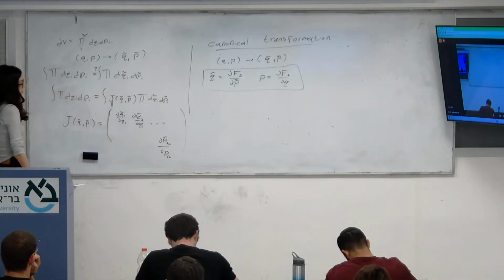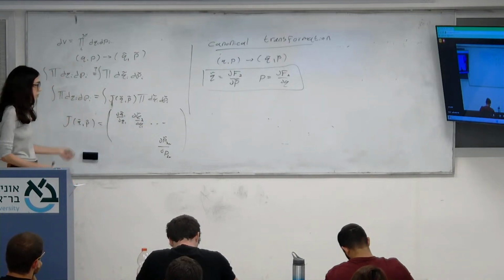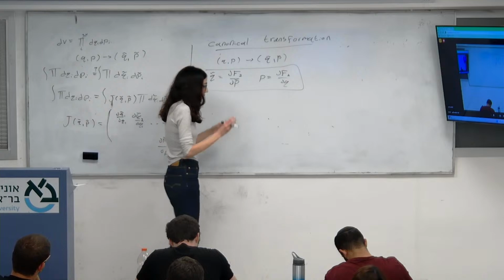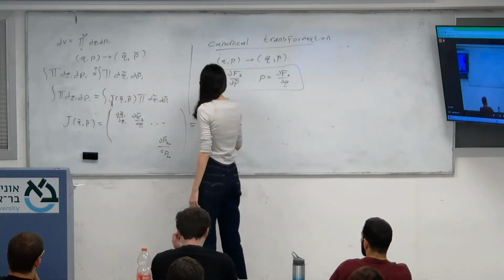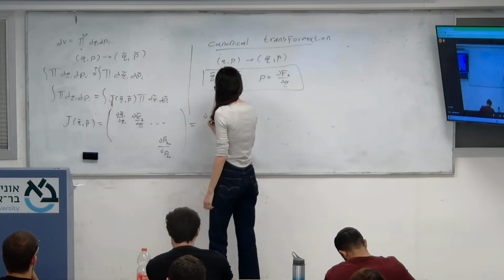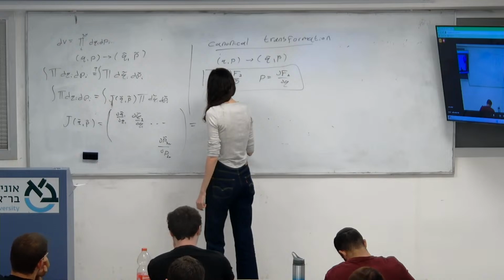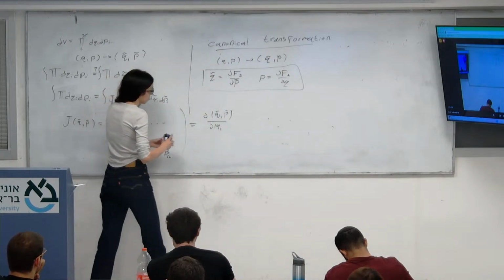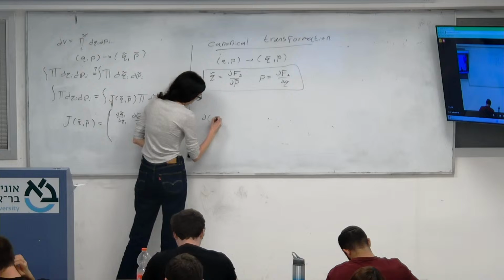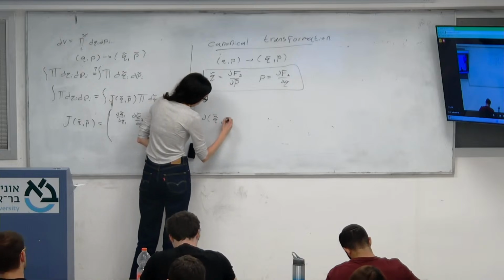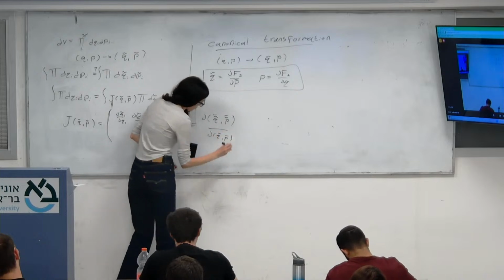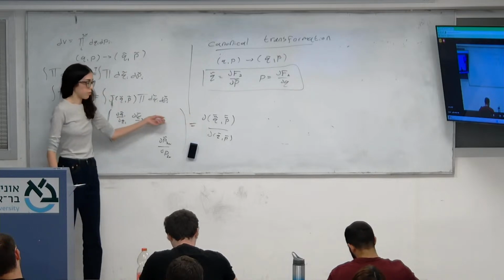So I basically have all of the possible permutations of the derivatives. And we can also write that as the derivative of the q vector and p vector with respect to q tilde and p tilde. So this is just another way to write that.